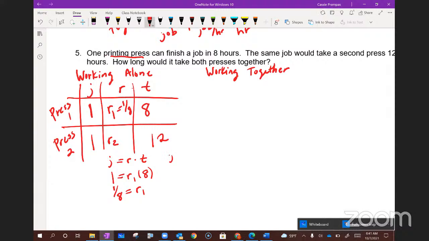Now, if I look at press 2, again, job equals rate times time. So press 2 can do one job in 12 hours. So the one job is going to equal the rate of press 2 times 12. Divide by 12, and I see that the rate of press 2 is 1/12 of the job per hour. 1/12.